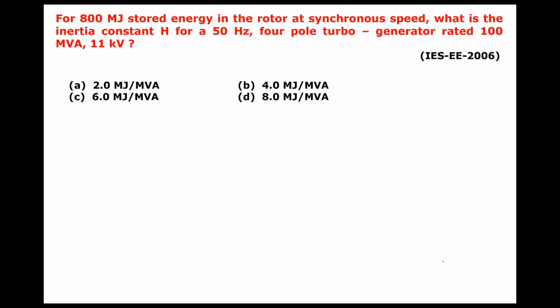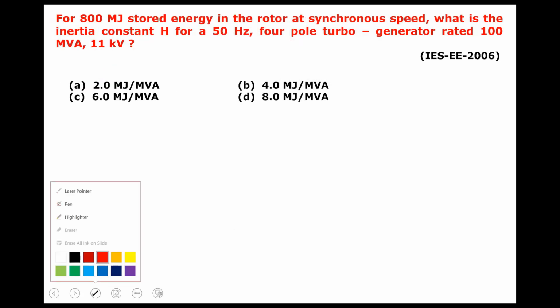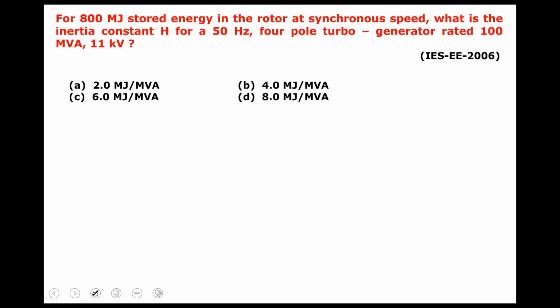Now the second question is, for a 400 megajoule stored energy in the rotor at synchronous speed, what is the inertia constant H for a 50 Hertz 4-pole turbo generator rated 100 MVA?